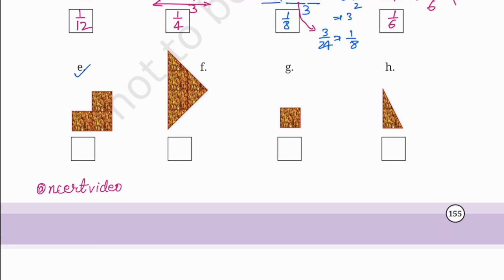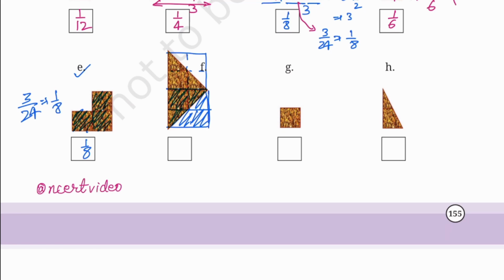E, 1, 2 and 3 square pieces out of 24 square pieces. The answer is 1 upon 8. Similarly, this rectangle or this square will have the area of 1, 2, 3, 4.